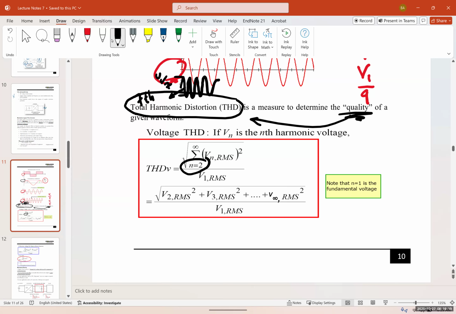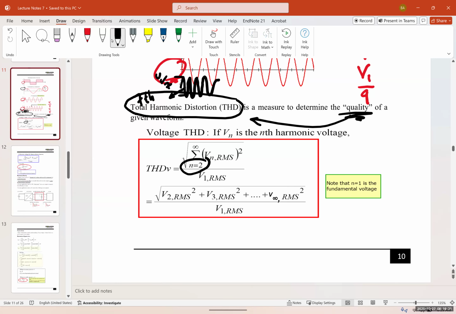We are interested in the odd harmonics, the third, fifth, and we don't necessarily want to go to infinity. After the seventh or ninth harmonic, we usually say, okay, that is enough. The effect of those harmonics is so minimal that it's technically not going to create distortion or any problem.